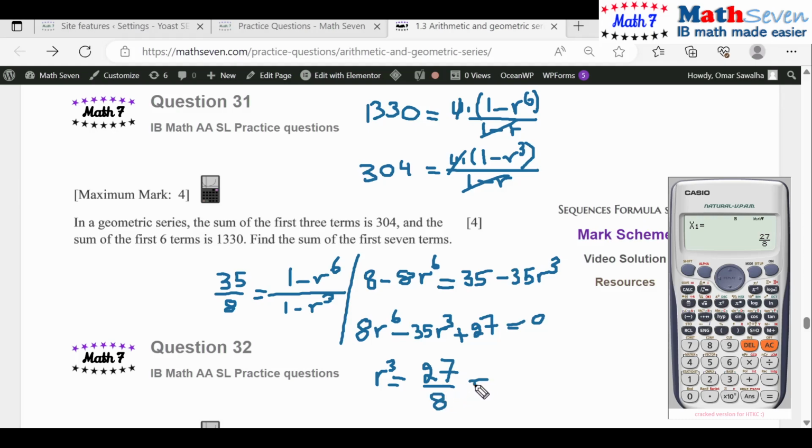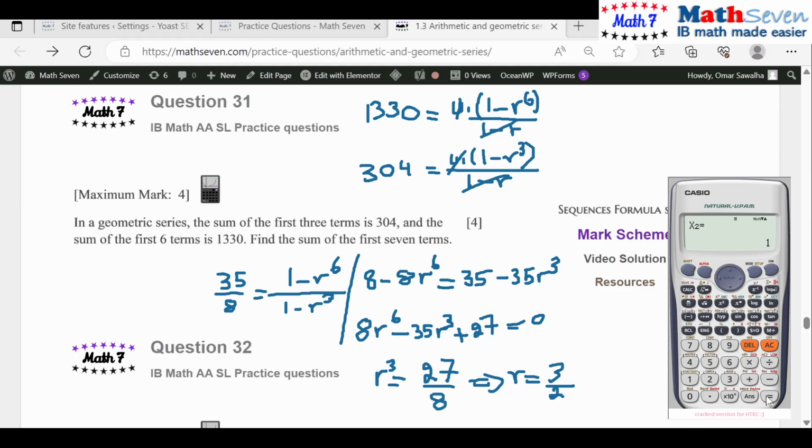Cube root, that means r equals 3 over 2. You can use the solve property as well. Click equal, and another value is 1. So 1 is neglected because it won't do anything. r should always be greater than 1. Now we found r to be 3 over 2.